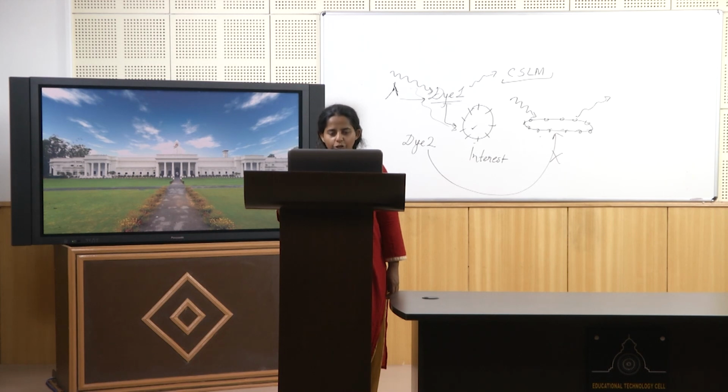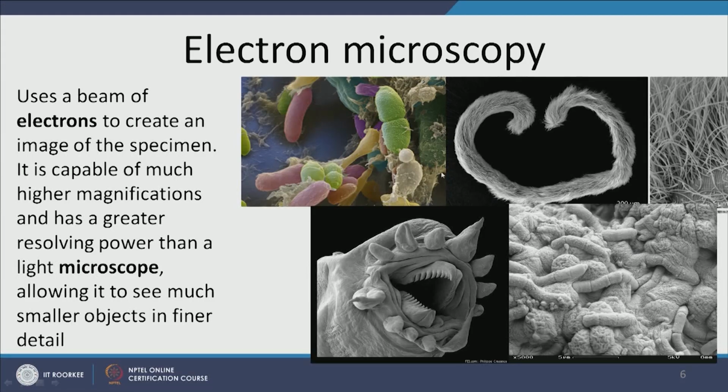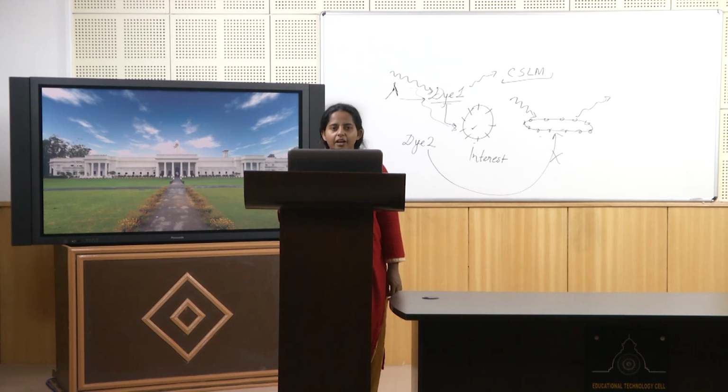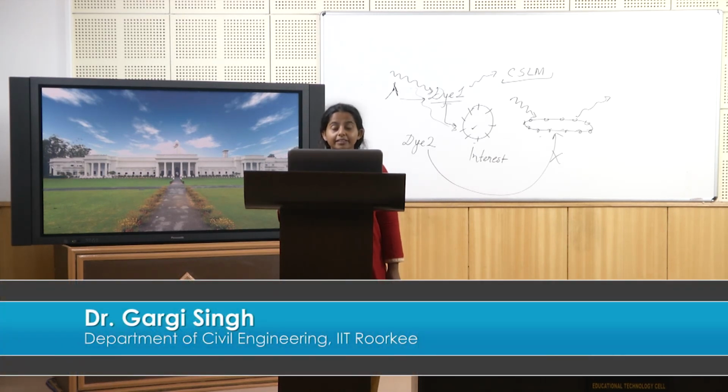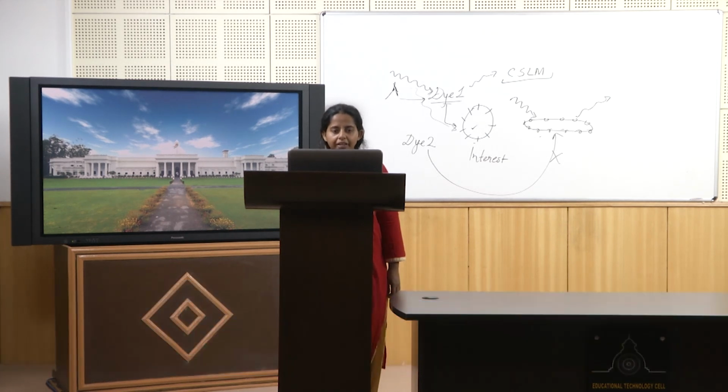When you get time, I encourage you to look at the right side of this slide, and also explore other electron microscopy pictures online on Google, and see how beautiful the images are. We have a visual insight into the microbial world thanks to electron microscopy. Again, like atomic force microscopy, electron microscopy is used in many other fields as well.